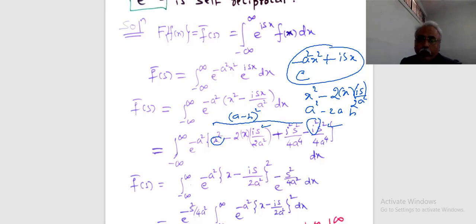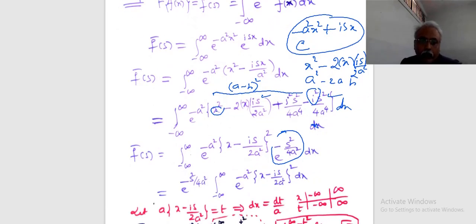This part is separated, e raised to minus a square, so a square and a raised to 4 remain in the denominator, with s square as it is, only with minus signs. You can observe that this has no x term, so you can keep it outside: e raised to minus s square by 4a square. Now what remains is this. This whole bracket we keep as some t, that is a into this part.